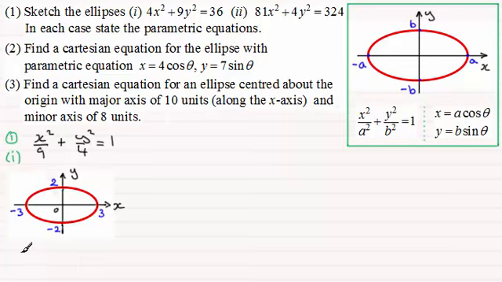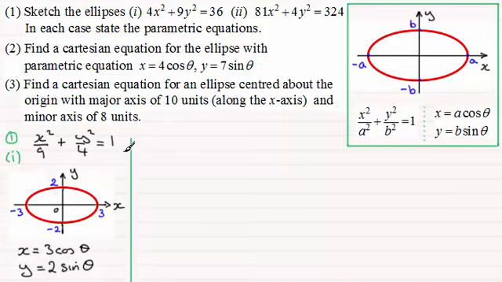And so the parametric equations would be x equals 3 cosine theta, and y would be equal to 2 sine theta. You don't have to use theta, you could use any other letter you like. T would be a popular one as well. Okay? So that's that part.